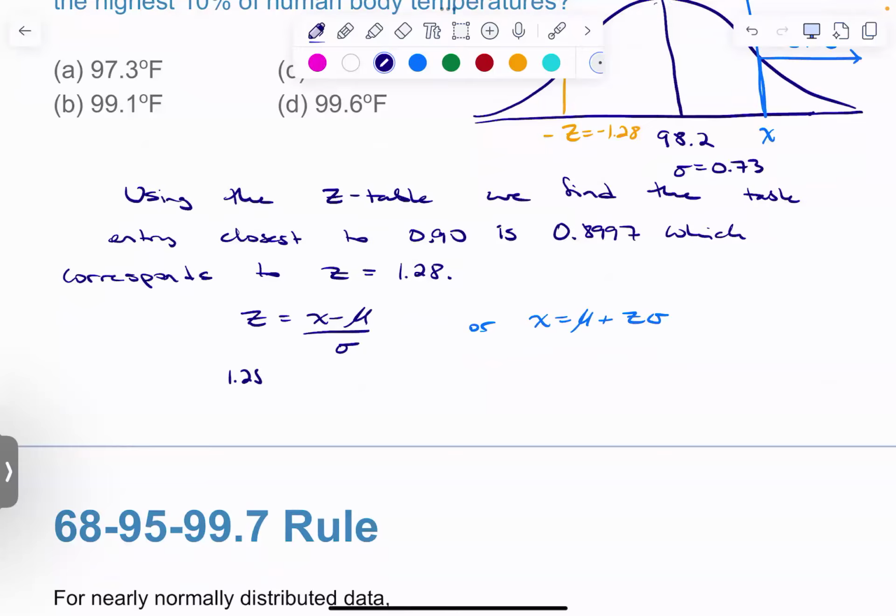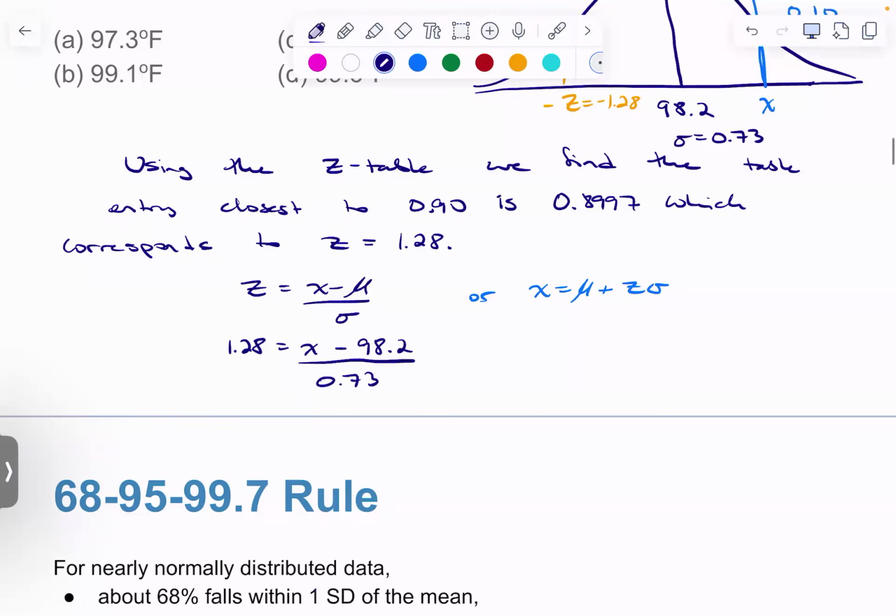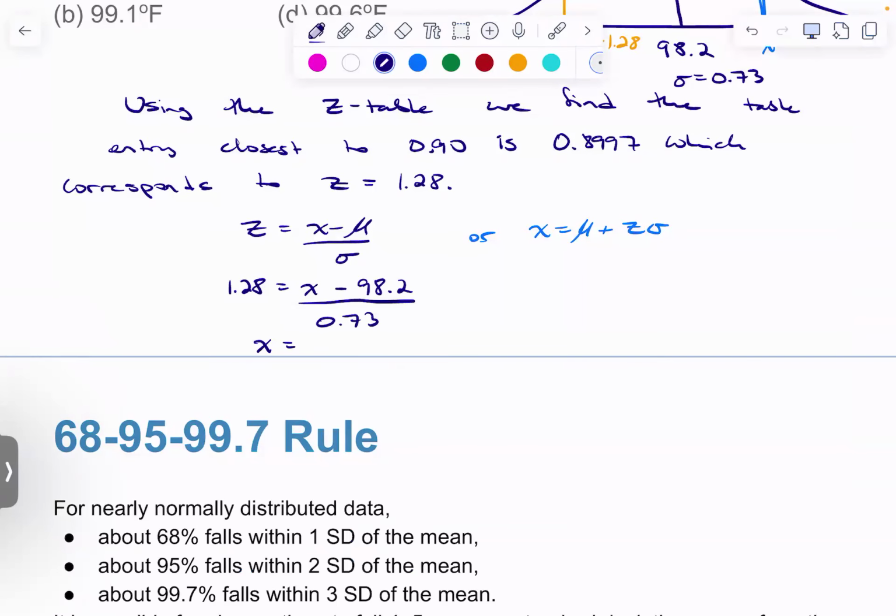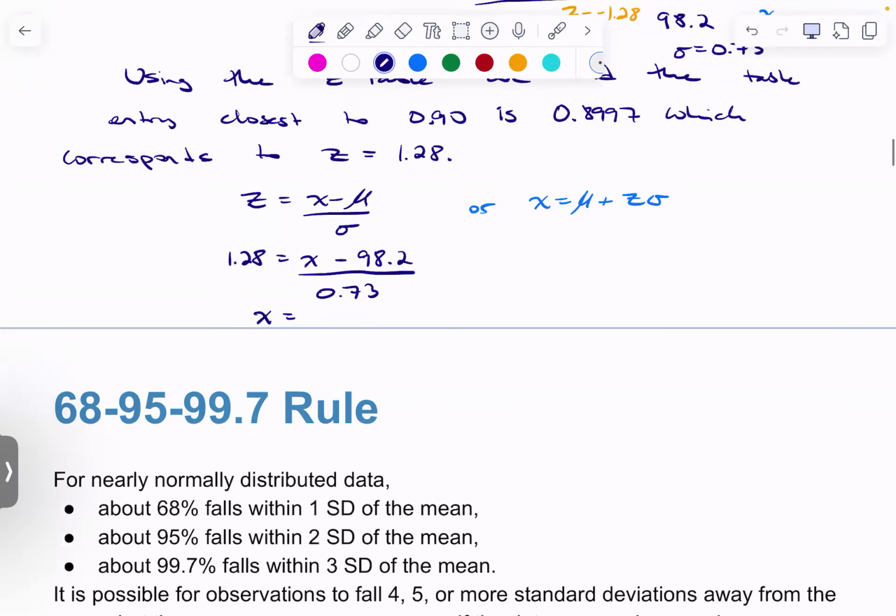If z is 1.28, I want to solve for x. The mean is 98.2, and the standard deviation is 0.73. Rearranging these, 1.28 times 0.73 plus 98.2, I get 99.1344 degrees Fahrenheit.